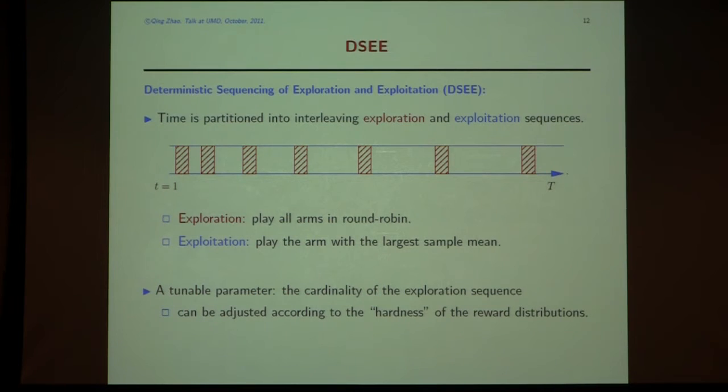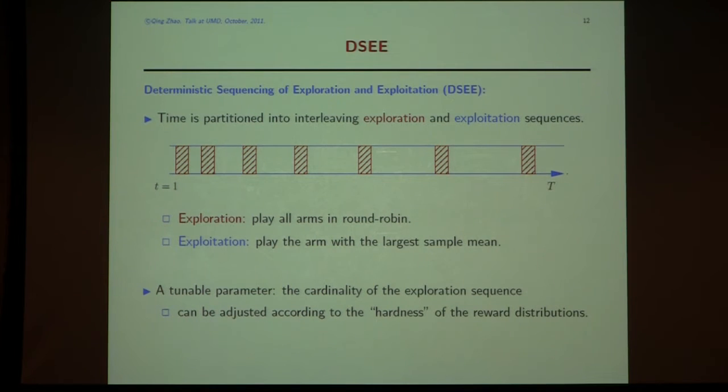So in the exploration sequence, I know exactly which arms I should be playing, completely for the purpose of learning everyone's reward statistics. And then in the rest of the blue times, at each given blue time, I will play the arm with the largest sample mean, computed from observations I obtained so far, including both exploration and exploitation time. So that's the simple structure of the policy.